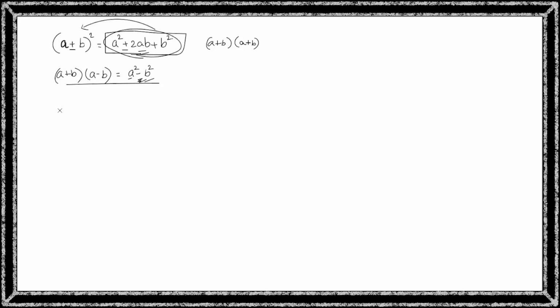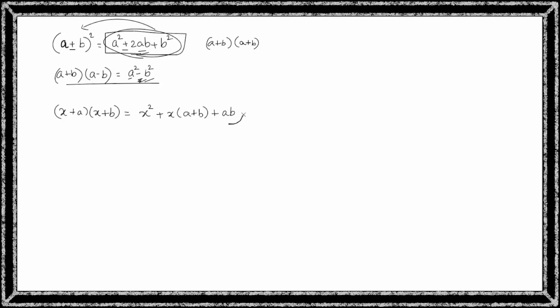Okay. Here I'm going to mention the other identity as well, which we will be using, right? This is nothing but x square plus x into a plus b plus ab. So when you see an algebraic expression that has three terms, I'll be able to explain this better with an example.